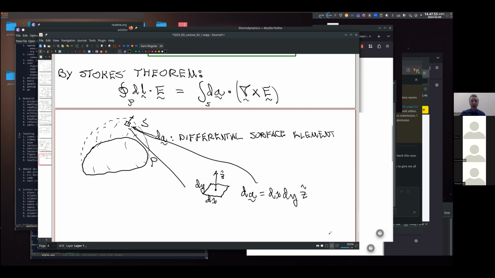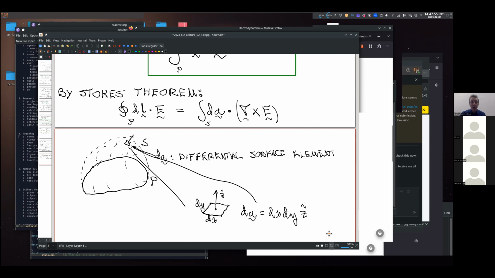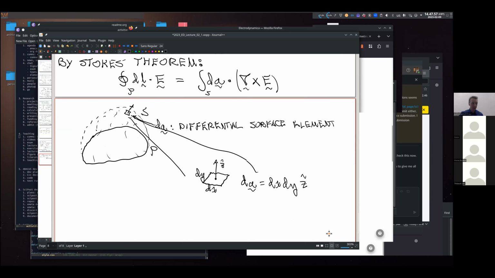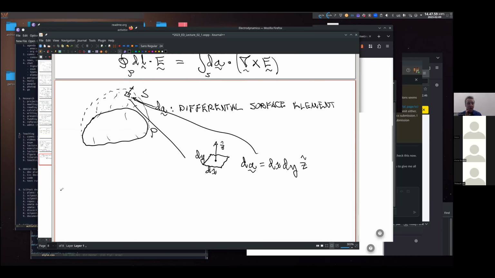Okay, so now that's the statement here. Now by Stokes's theorem, we have that the integral over the surface circumscribed by the path of the curl of E is equal to 0.